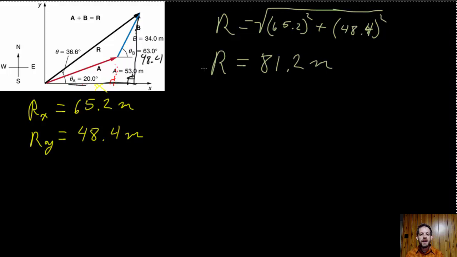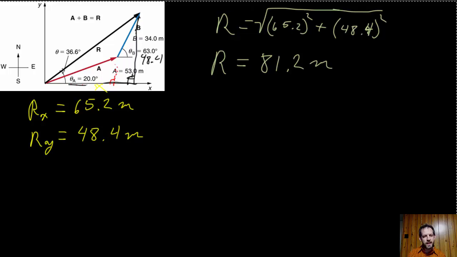So all we need now is the direction of this r vector. Now, it's actually already given to us as 36 and 6/10, but let's verify that using our trigonometry.